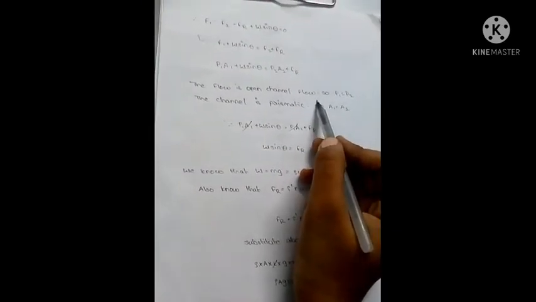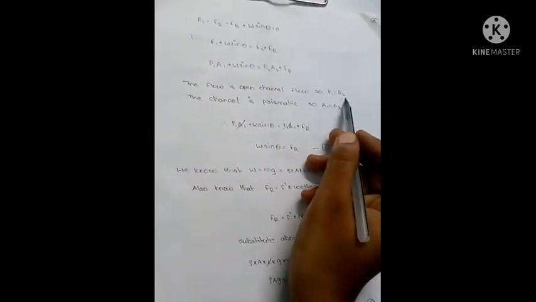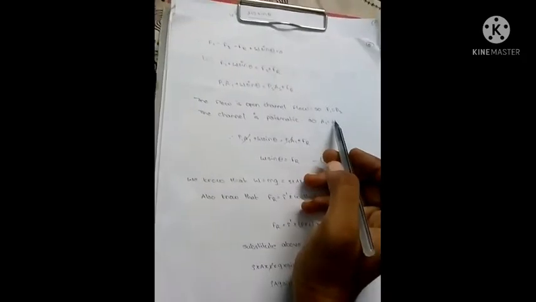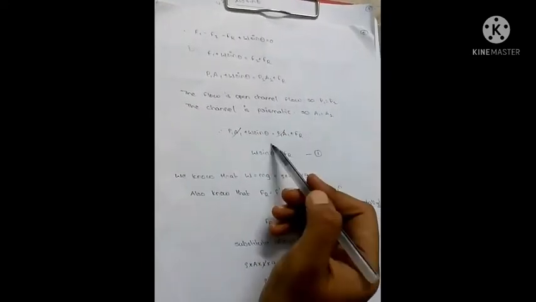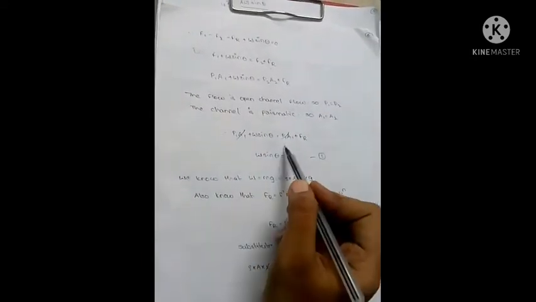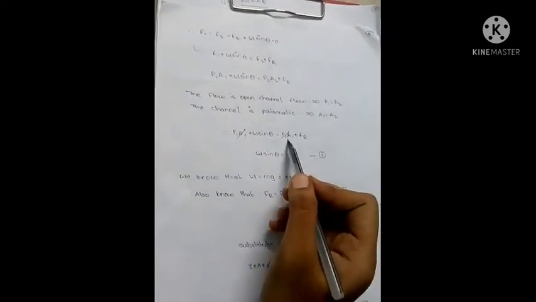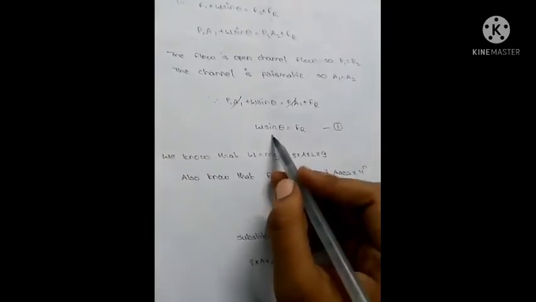This is open channel flow, so there are no pressure differences, only atmospheric pressure, so we put P1 in the place of P2. Writing again, P1 A1 plus W sin theta is equal to P2 A2, with P2 equal to P1 and A2 equal to A1. Then P1 A1 cancels. The remaining terms: W sin theta is equal to Fr. Put this as equation 1.